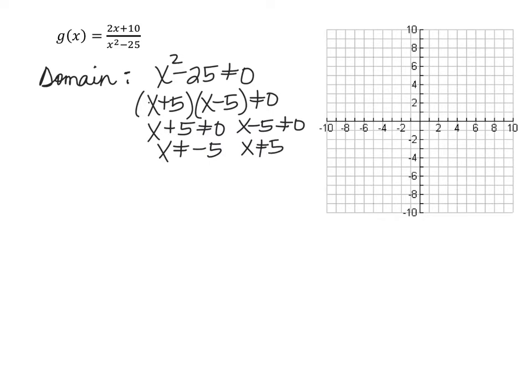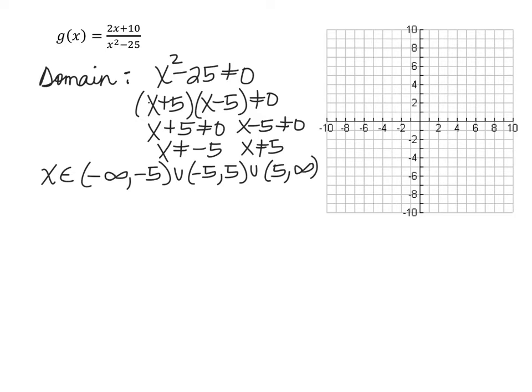So our domain has two restrictions. The domain is all real numbers except for negative 5 and positive 5. That would be from negative infinity to negative 5, union negative 5 to 5, union 5 to infinity.